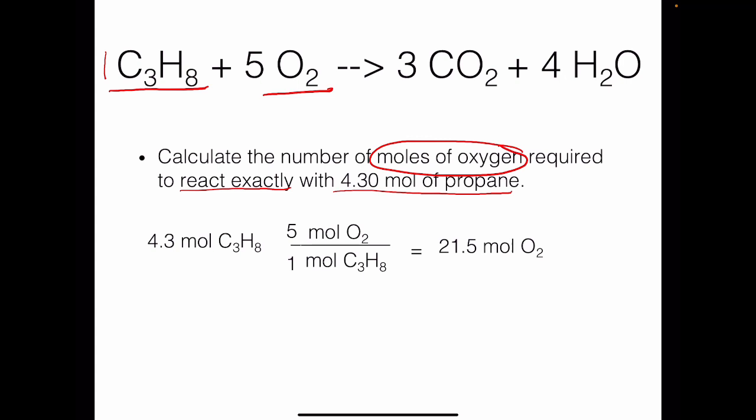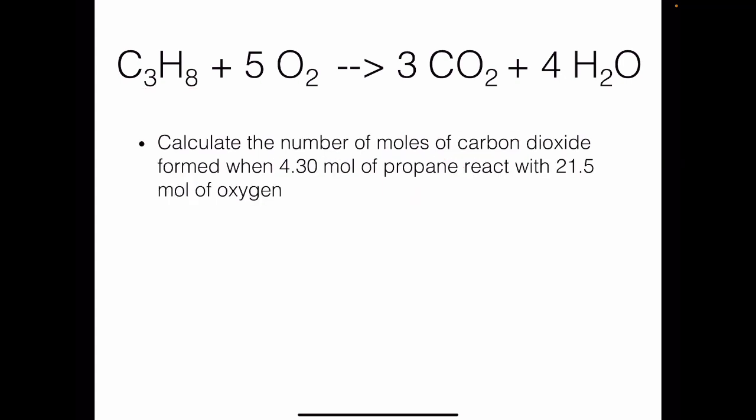So this is the amount of oxygen in terms of moles required to react exactly with 4.3 moles of propane. So we are just using those coefficients as a ratio to be able to convert from one compound to another.